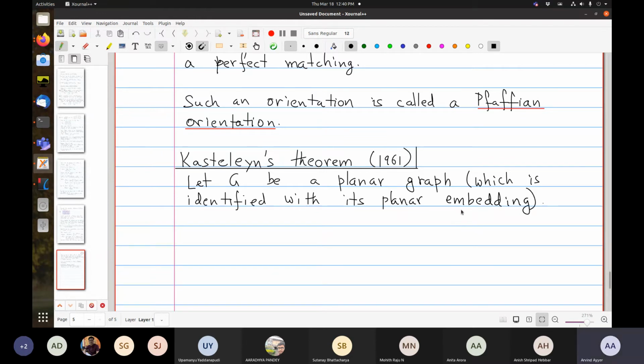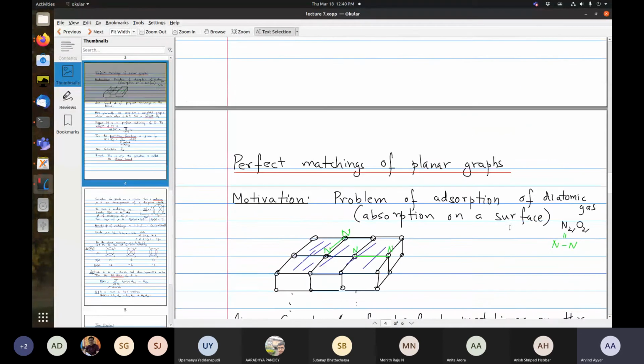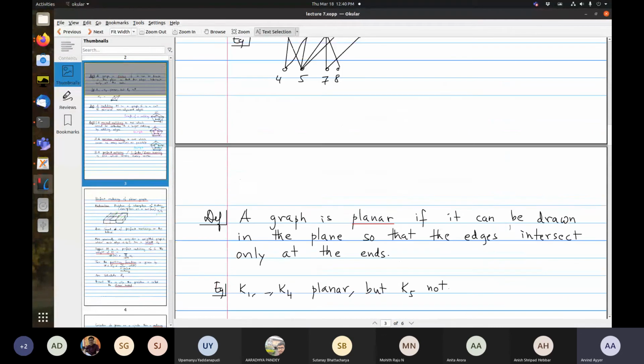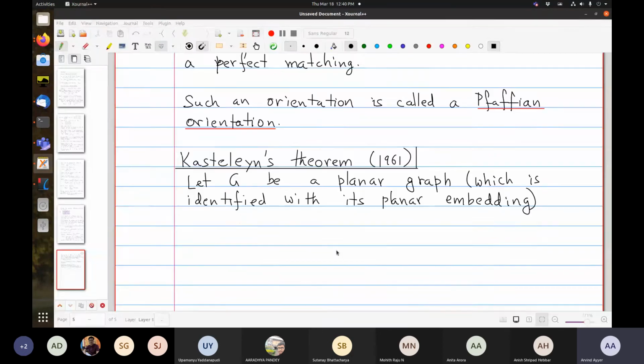Okay, so a planar graph, remember, is a graph which can be drawn. I defined it in the last class. It's a graph that can be drawn in the plane so that edges intersect only at the ends, and so it's going to have faces.